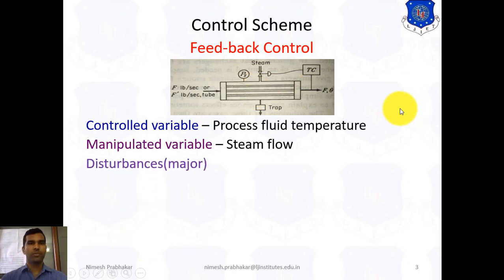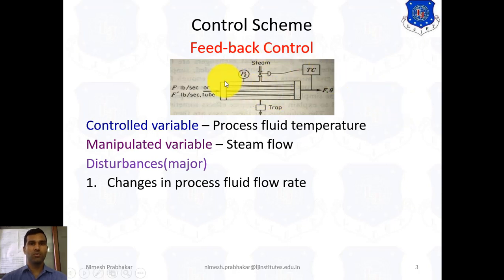Now, there are a number of disturbances that create variation in the outlet temperature, but here we discuss the major ones. The first major disturbance is a change in the process fluid flow rate, that means the inlet fluid flow rate changes.